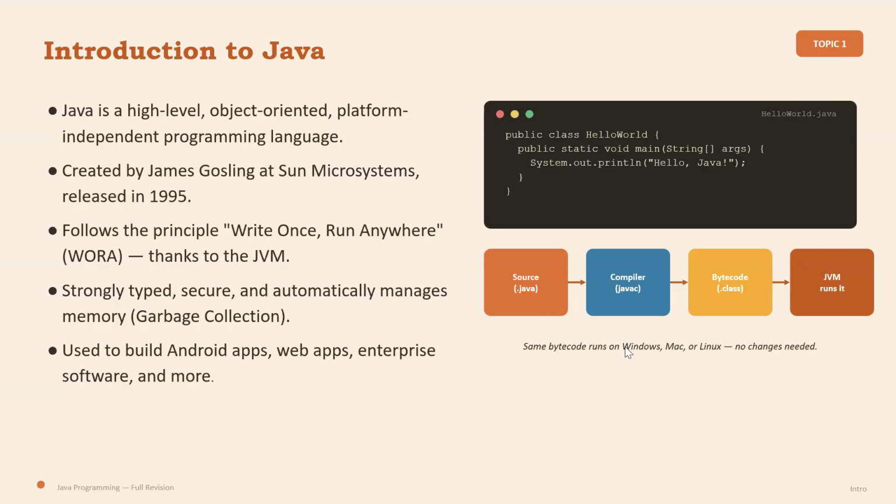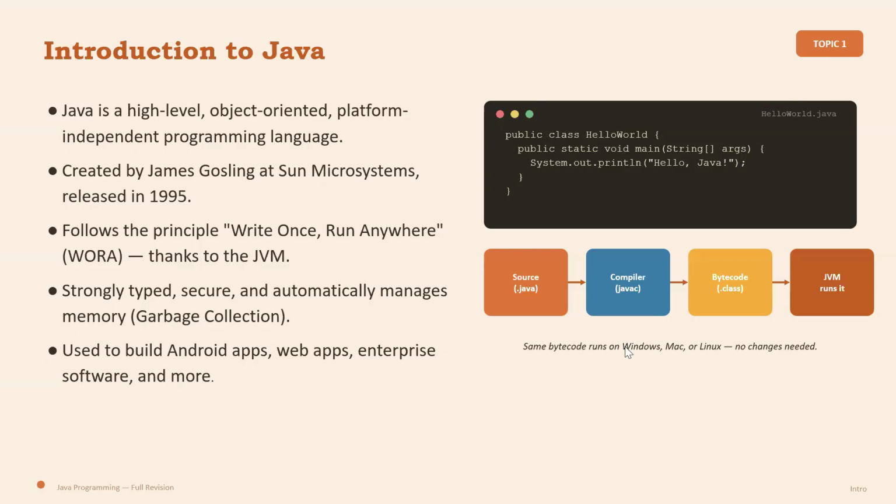So how does this work? When you write a Java program, you save it as a .java file. The Java compiler then converts the source code into bytecode, which is stored in a .class file. This bytecode is not directly executed by the operating system.